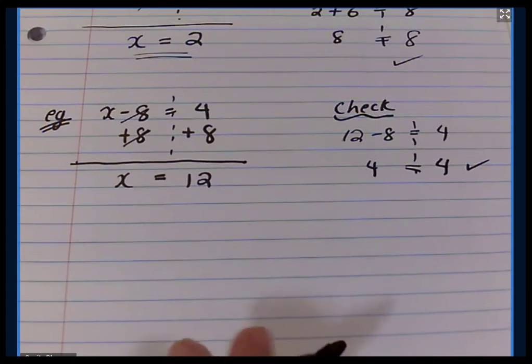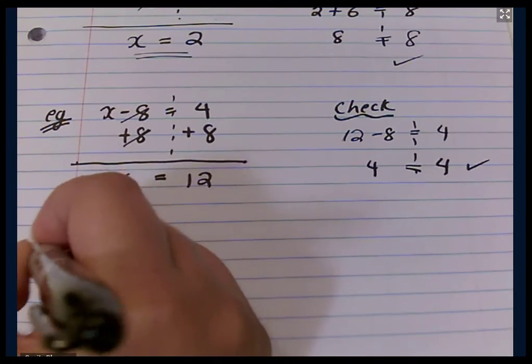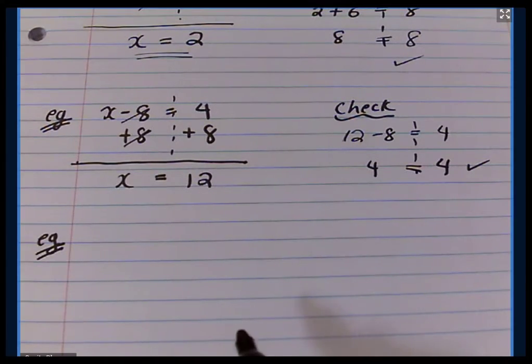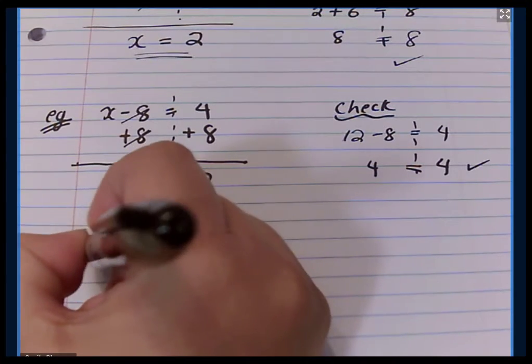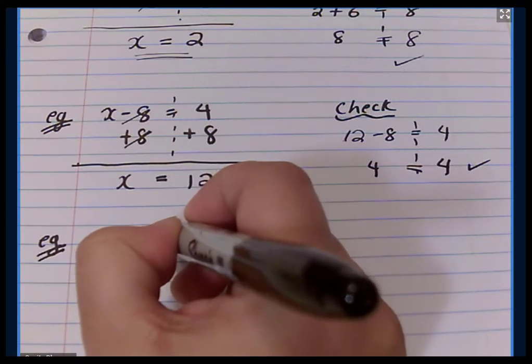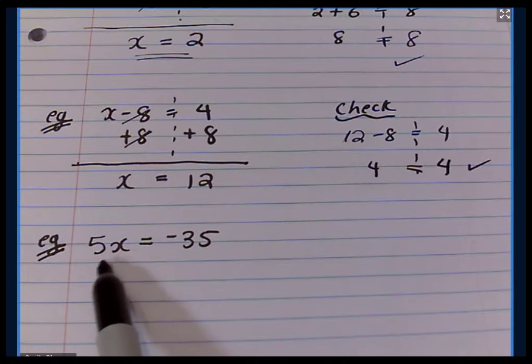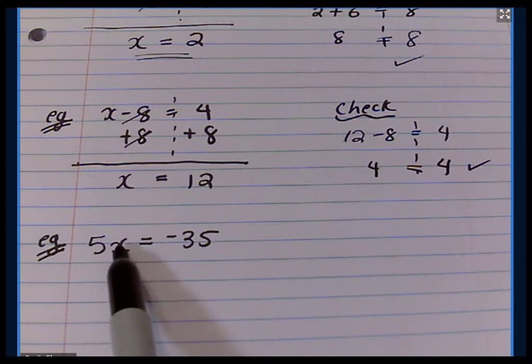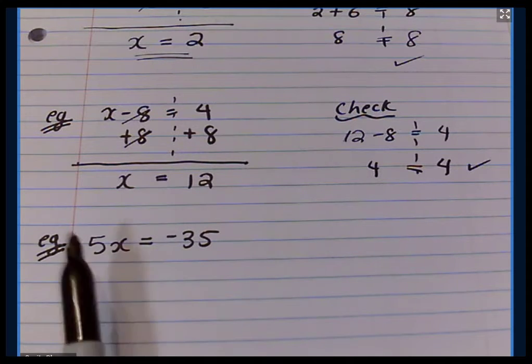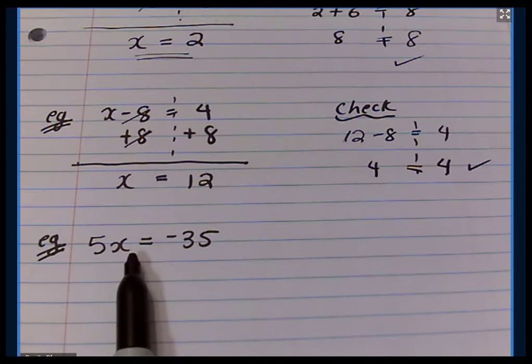The opposite of multiplication is division. Let's take a look at this example. We have 5x is equal to negative 35, and it's 5 multiplied by x. Anytime you see it written like this, it means multiplication. So 5x means 5 times x. We are going to do the opposite of multiplying, which is dividing.